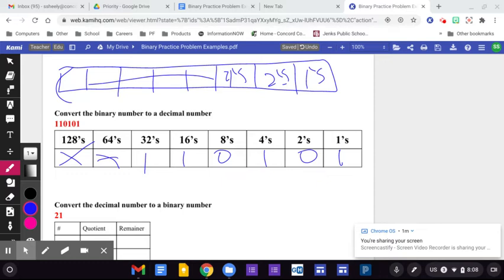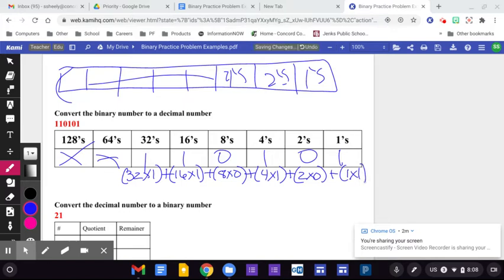All right, so to show the equation to solve this, remember we're looking for a decimal number. The first thing we're going to do then is we need to show our work. So 32 times 1 plus 16 times 1 plus 8 times 0 plus 4 times 1 plus 2 times 0 plus 1 times 1.